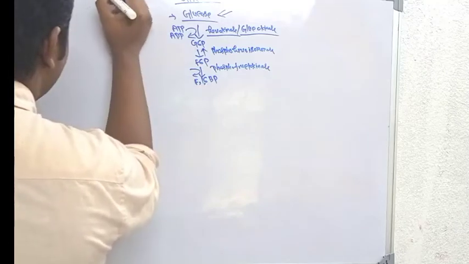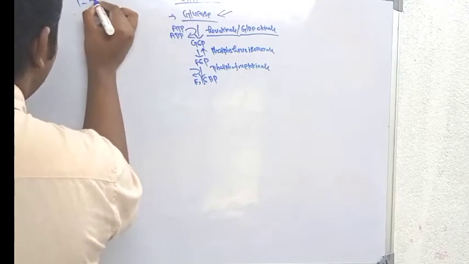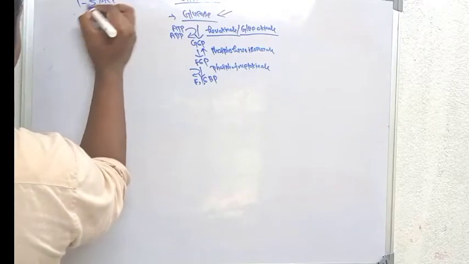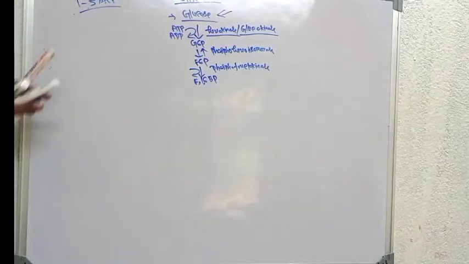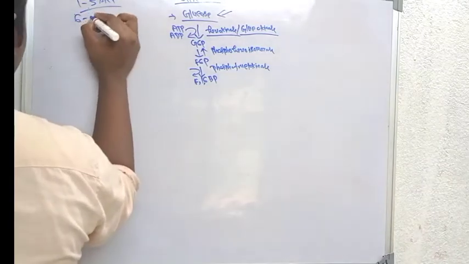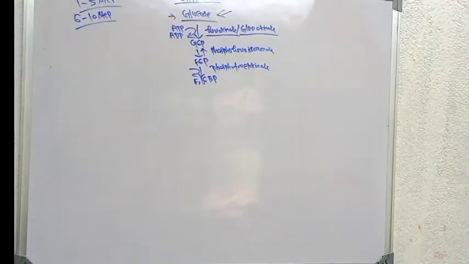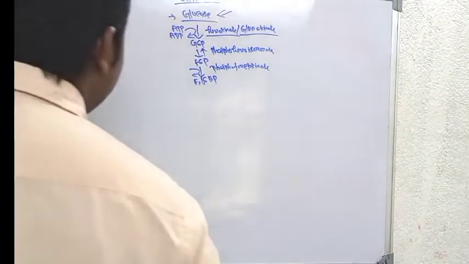The entire glycolysis process is a 10-step process. The first 1 to 5 steps are called the preparatory phase or energy investment phase, and the second 6 to 10 steps are called the payoff phase or energy gain phase.